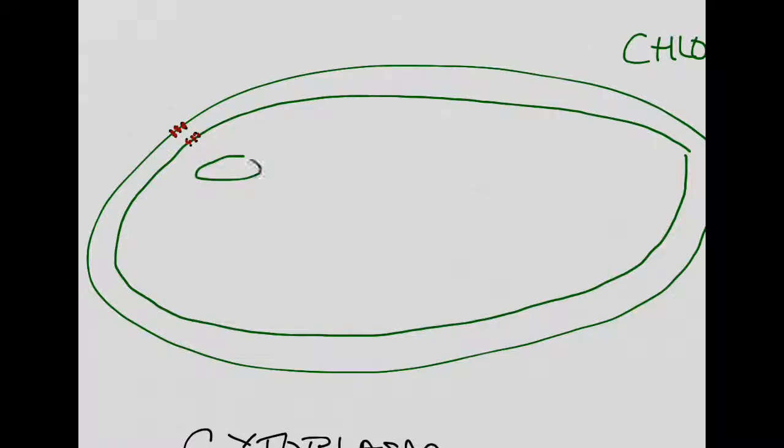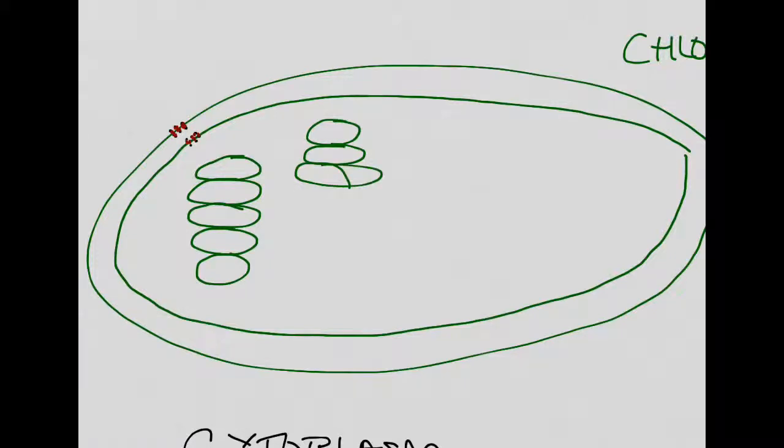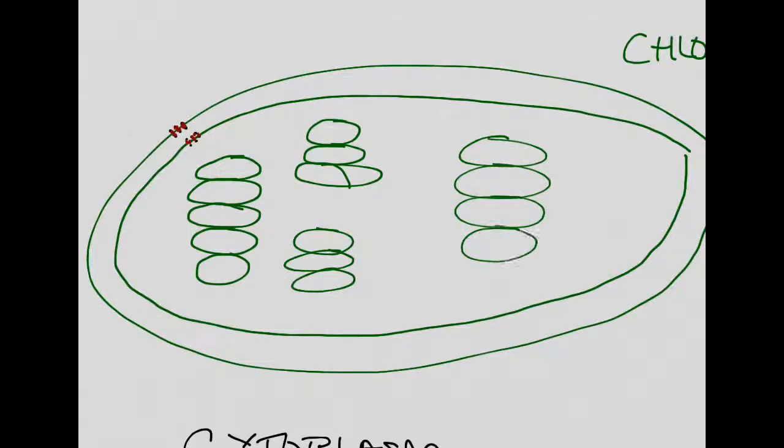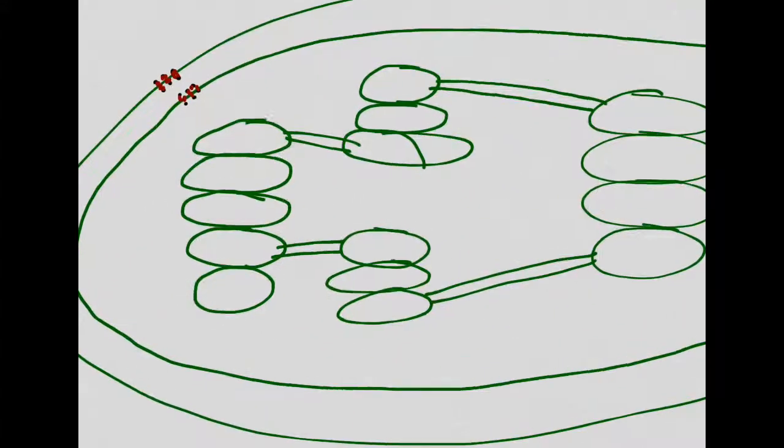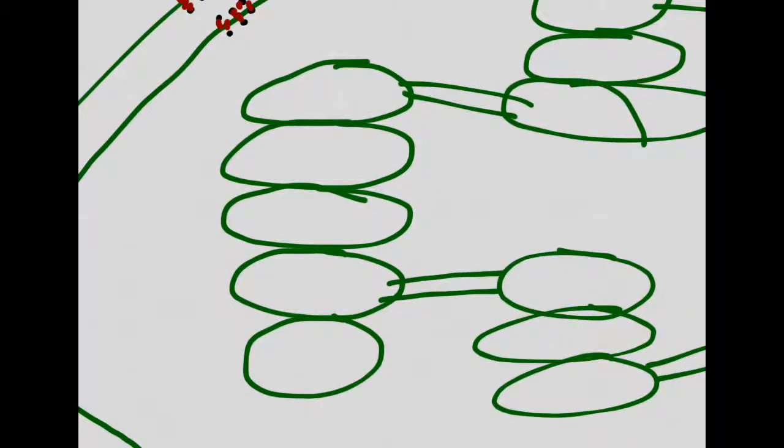So inside the chloroplast itself is another membrane system. And this system is composed of sacs that look a little bit like jelly beans. Right now I'm drawing them as independent, but you'll see in a second that they are actually all contiguous, or connected. So you'll see why.